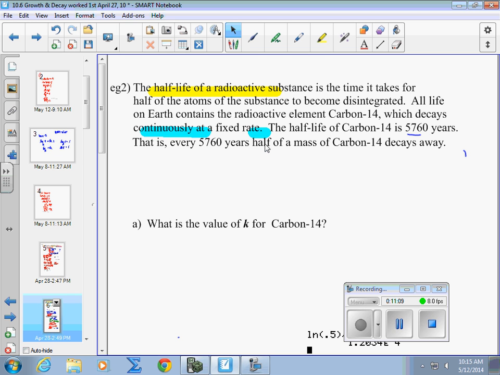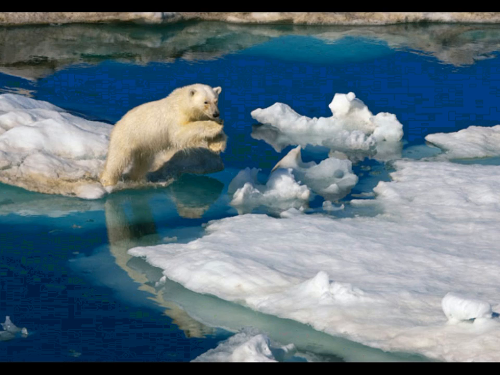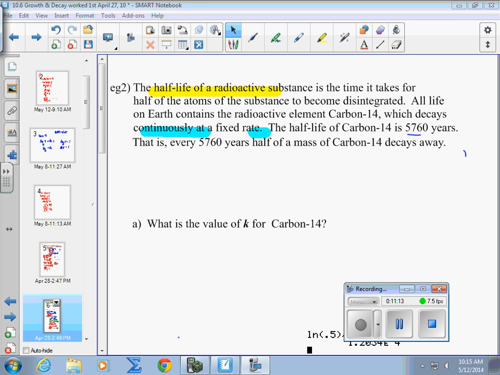So the problem asks you to calculate that. So we're going to take our formula, y is equal to a e to the negative kt. K is a negative number, and we're going to calculate that. Half-life means you start with 2, and what do you have left over? 1. Okay?